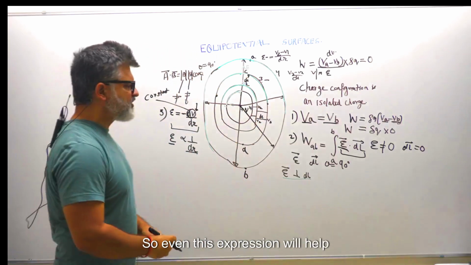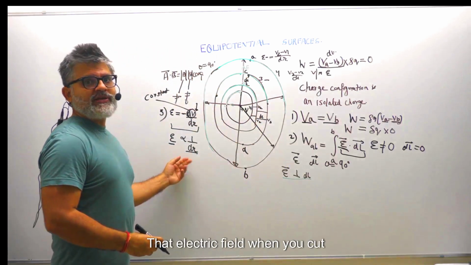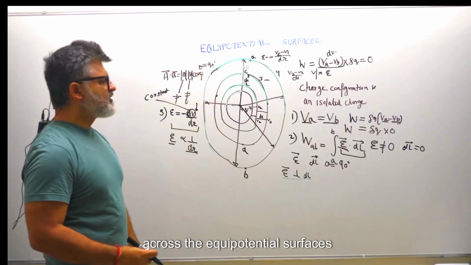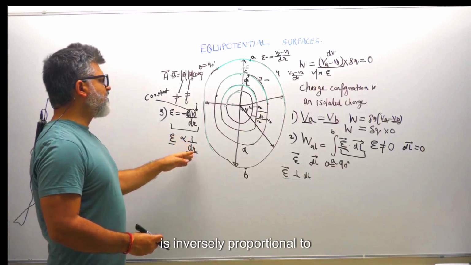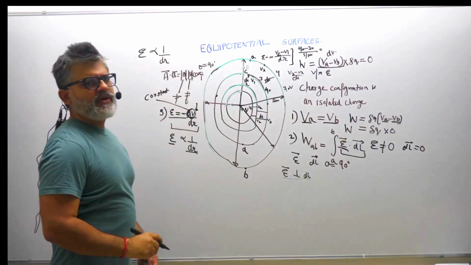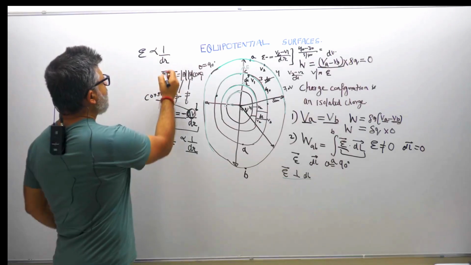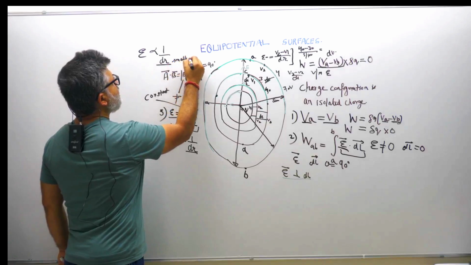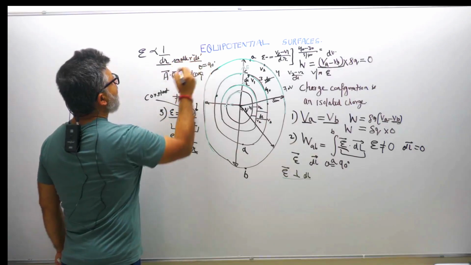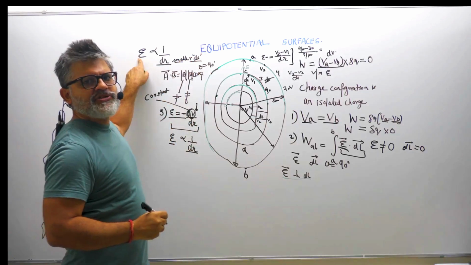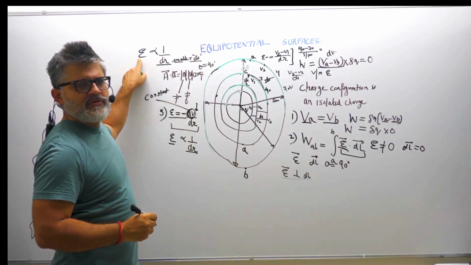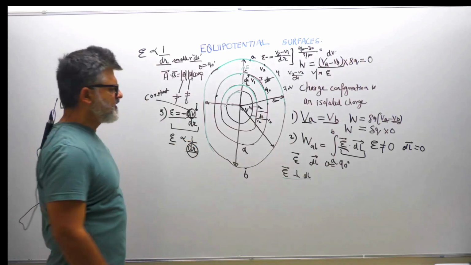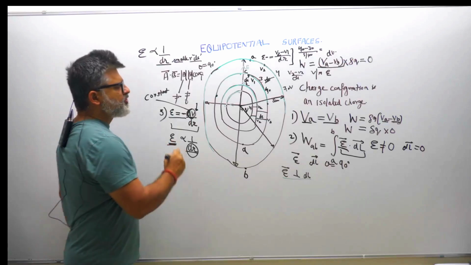So even this expression will help you a lot, that electric field, when you cut across the equipotential surfaces, is inversely proportional to dr. If you have a smaller dr, then the electric field is large. If you have a large dr on an equipotential surface, then the electric field is small.